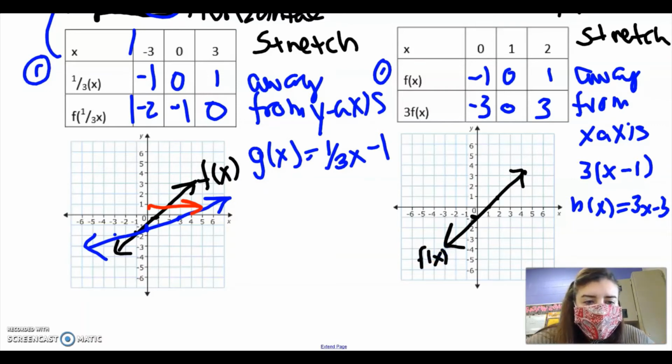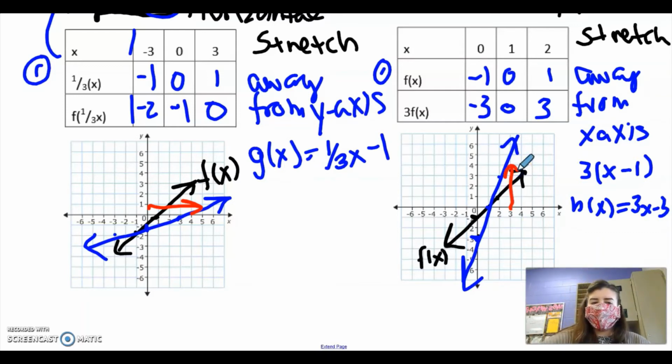So we have 0, -3. And we have 1, 0. Look, we have the same x-intercept. We have 2, 3. So this is supposed to be a stretch away from the x-axis. And look at that. That is much further from the x-axis.